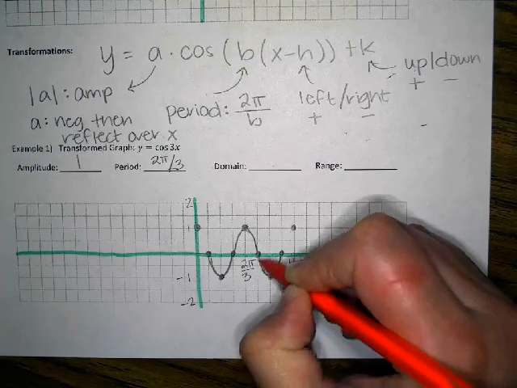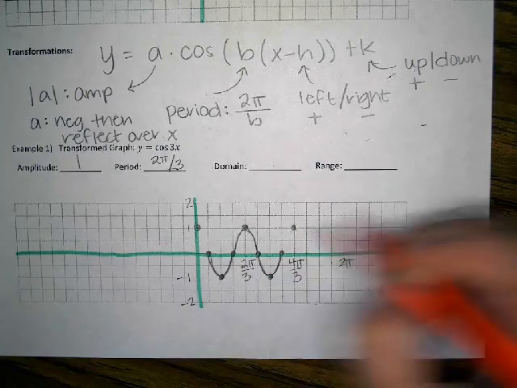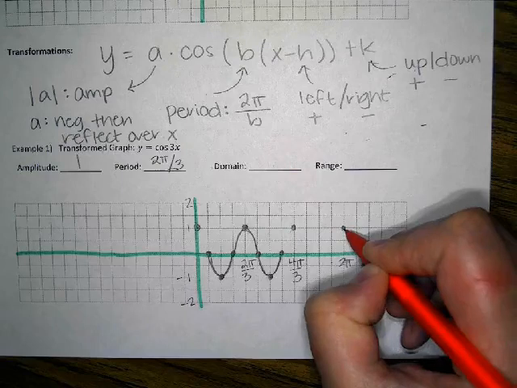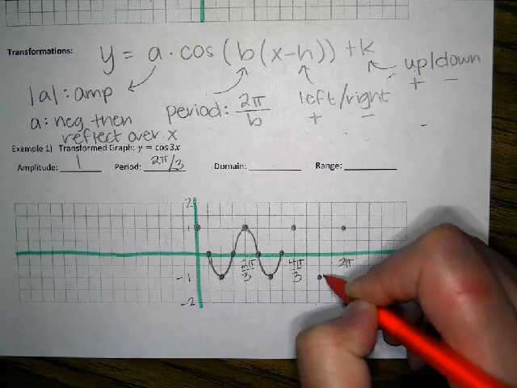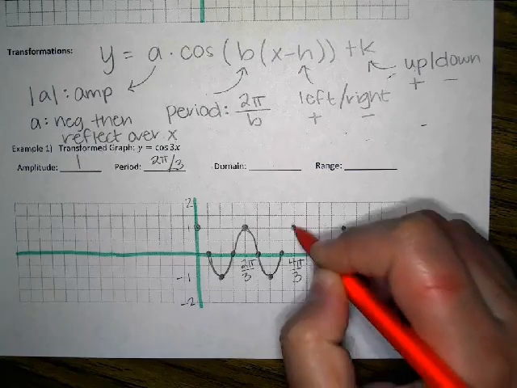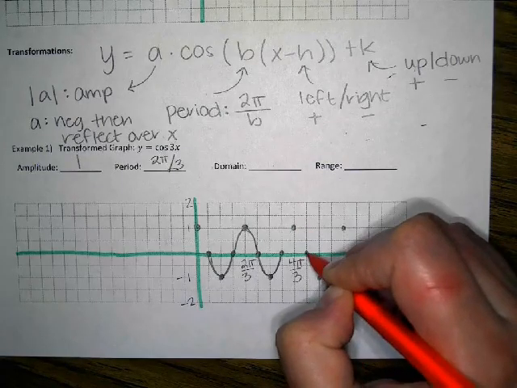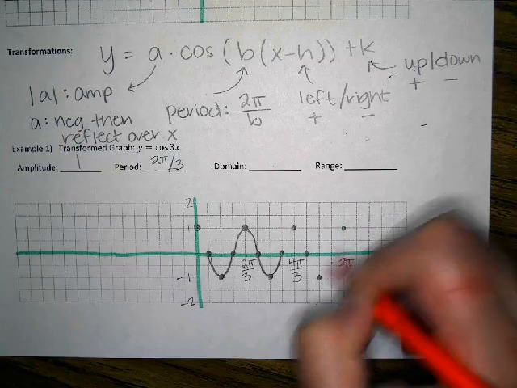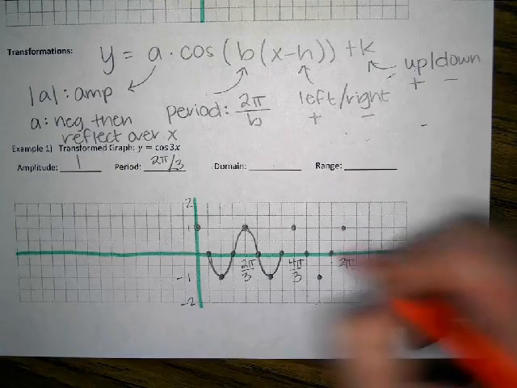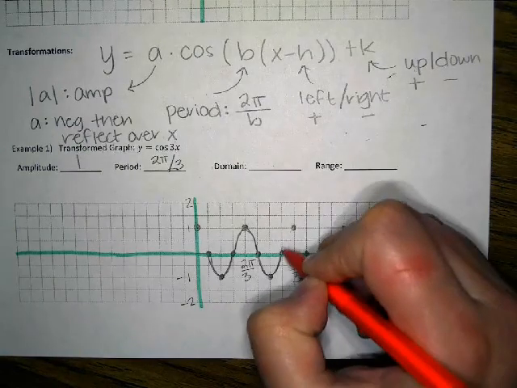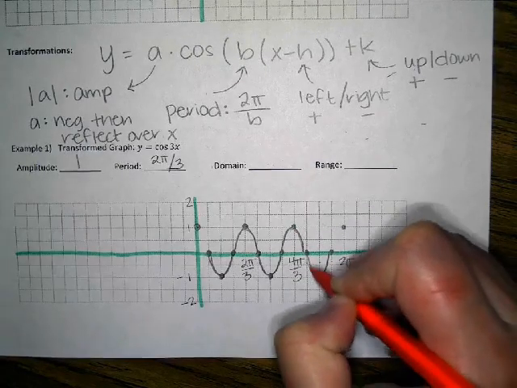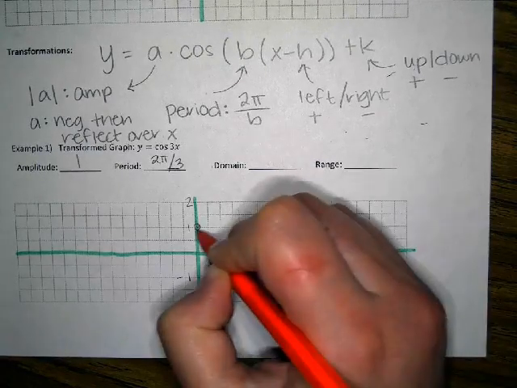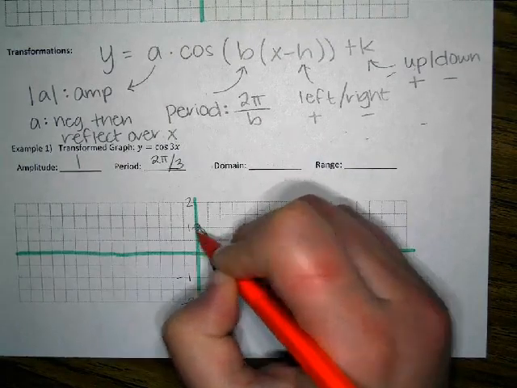So start at 1, end at 1. In the middle, dip down to -1. Between the first two ones, we cross 0. Between the second two ones, we cross 0. And then we got half a U right here, half a U right there.